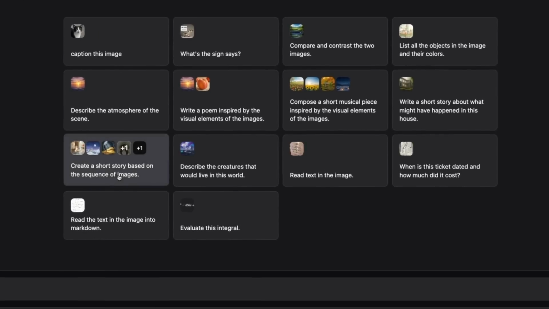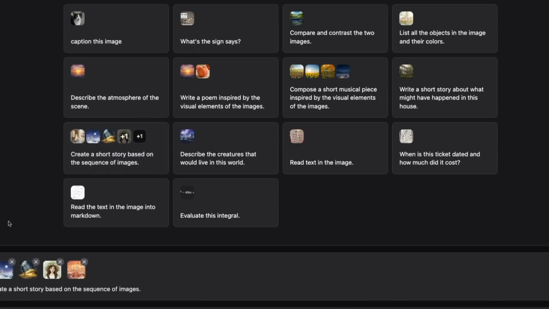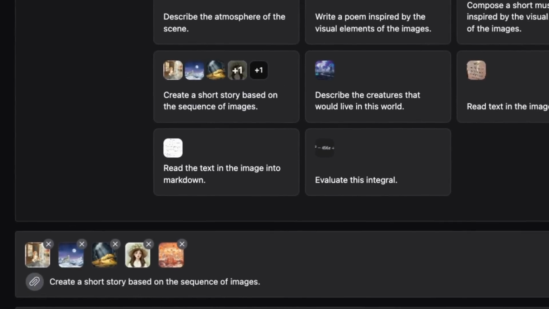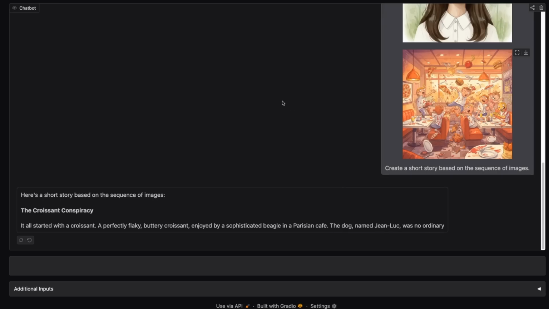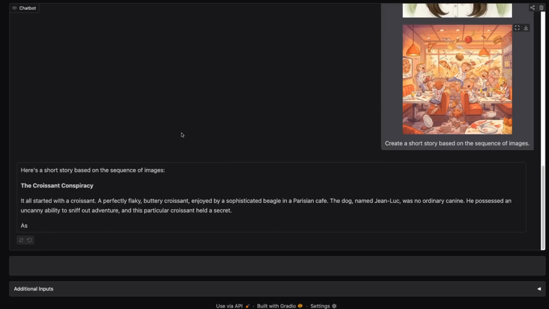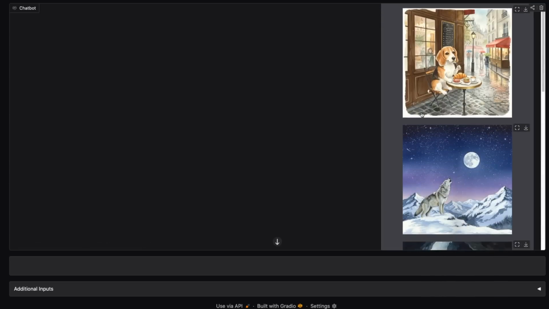This whole idea of multiple images is also really nice for things like this, where you can just upload a bunch of images and ask it to create a story based on these images. You can see it's generated a story of the croissant conspiracy. It comes up with a name for the dog.